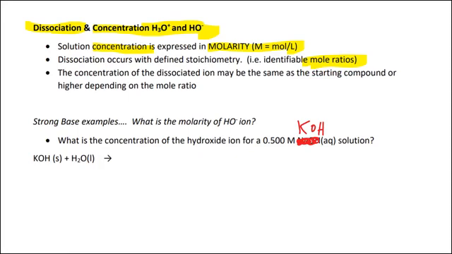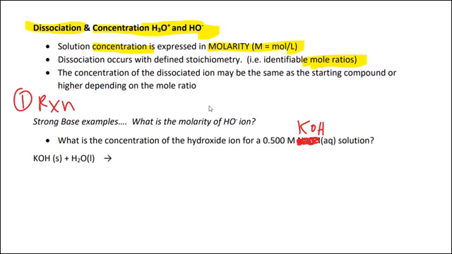Okay, so now that we have looked at the particulate level, let's look at how to calculate the molarity of this OH ion. First we need to write out the reaction. So number 1, write the reaction. We've got KOH, that's a solid, added with H2O, that's a liquid.